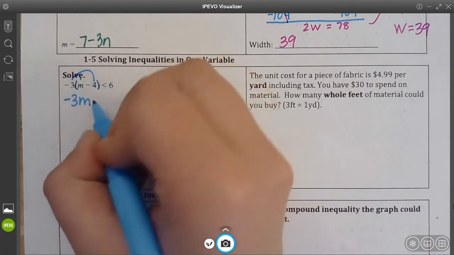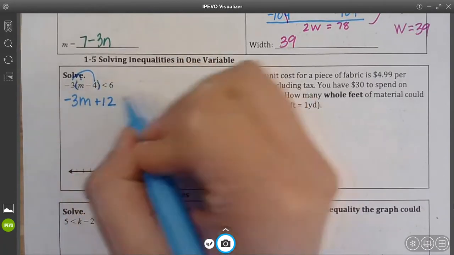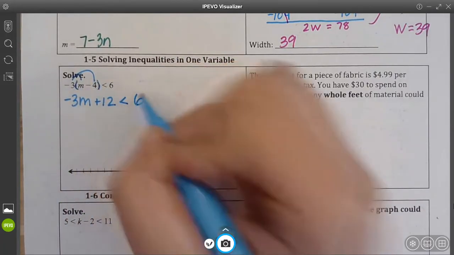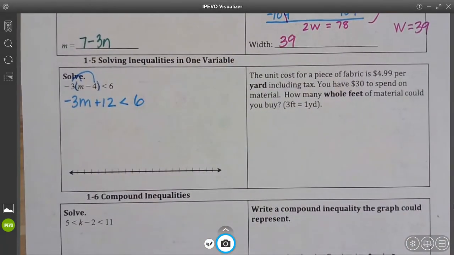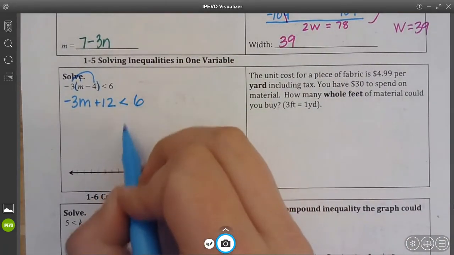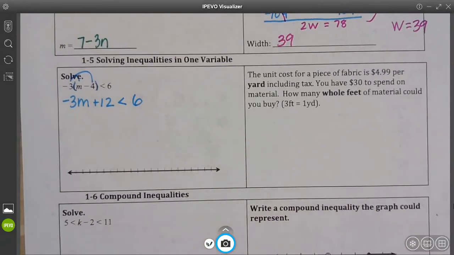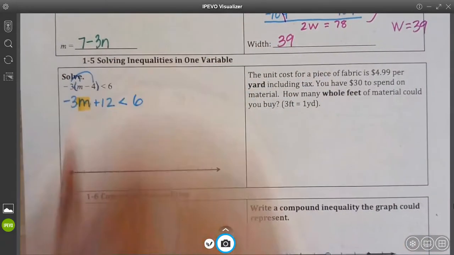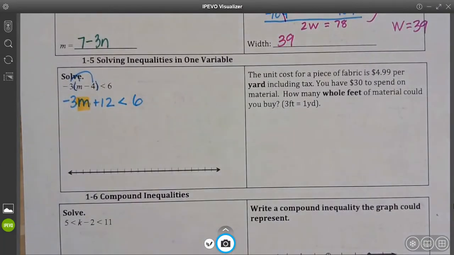Negative 3 times negative 4 is plus 12, which is less than 6. I keep this less than sign all the way through my problem. Our goal, that we've had this whole time, is to get m by itself.